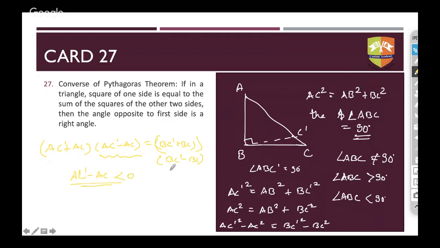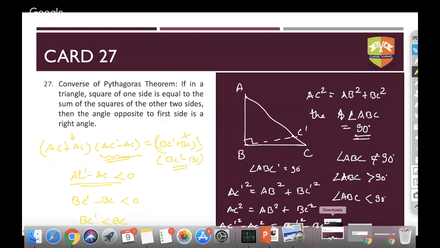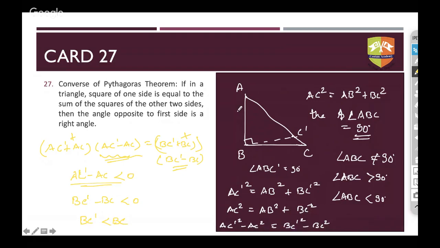Now this is also positive. That means BC dash minus BC must also be less than 0, because this is positive, this is positive, and if this is negative, then this is also negative. That means BC dash is less than BC.